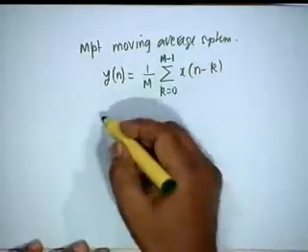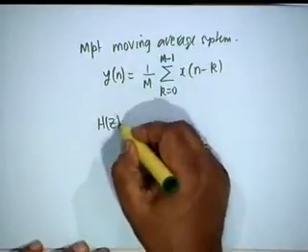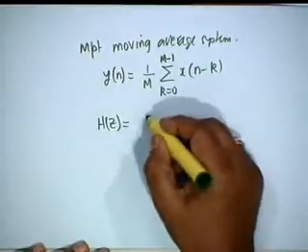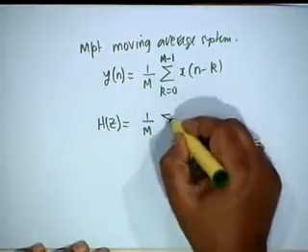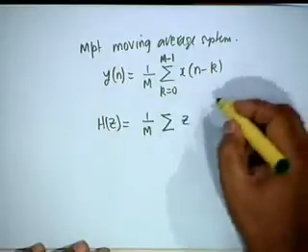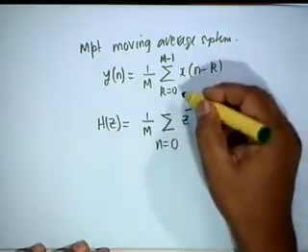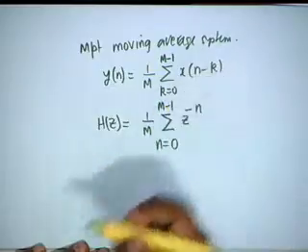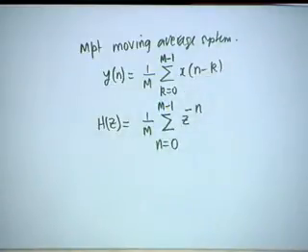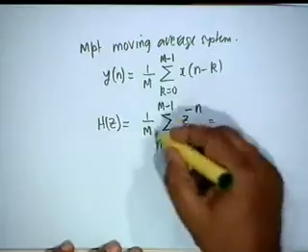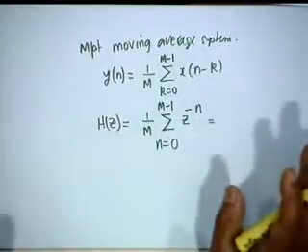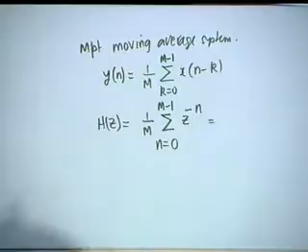And therefore, you can take the Z transform and find that H of z is nothing but 1 over M summation z to the power minus n, where n goes from 0 to capital M minus 1. This is a geometric series. The Z transform exists because the summation is finite.